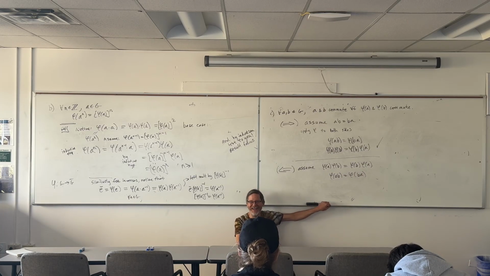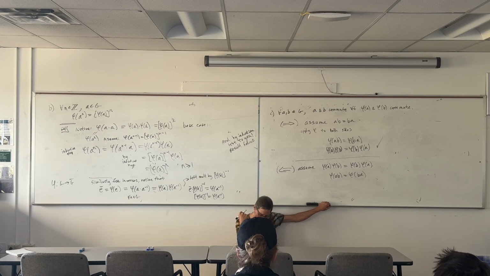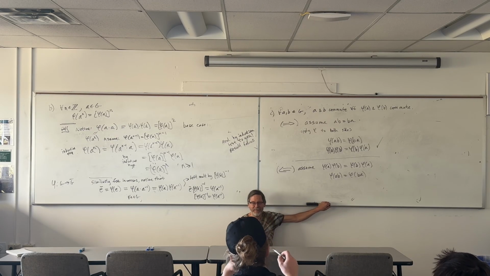Cool. Because phi is an isomorphism, it's bijective, and so it has an inverse. And then you could compose each side with phi inverse, and because of the associativity of function composition, you can reassociate, it becomes the identity, and then you just get AB. Yeah, lovely. That's beautifully said.